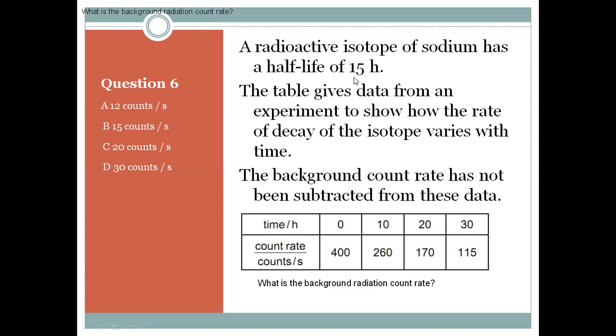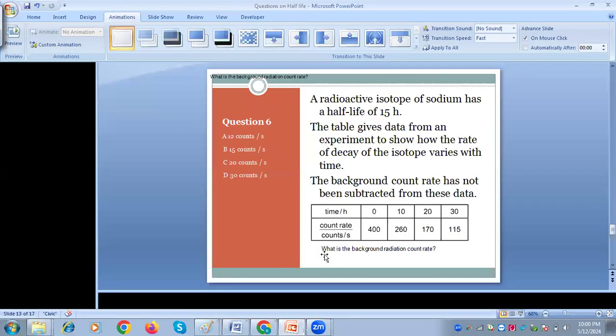Okay, and what is the half-life? This is 15 hours. The total time given here is 30 hours. It means how many half-lives are there in 30 hours? 2 half-lives. We can find out the background count by applying the logic here.